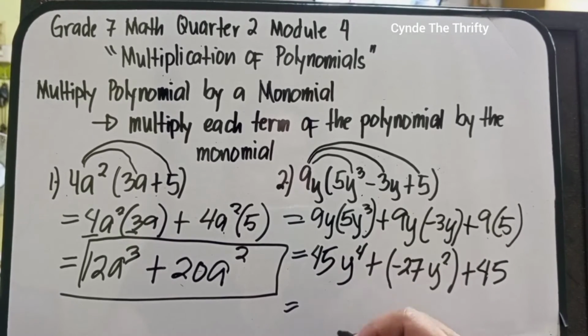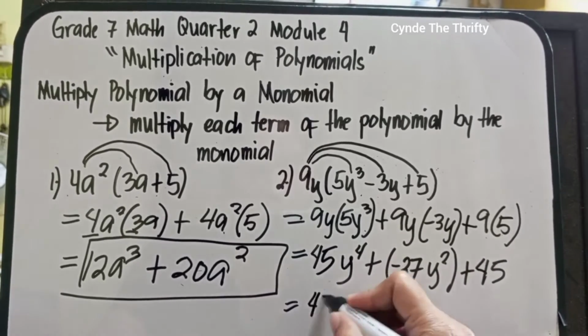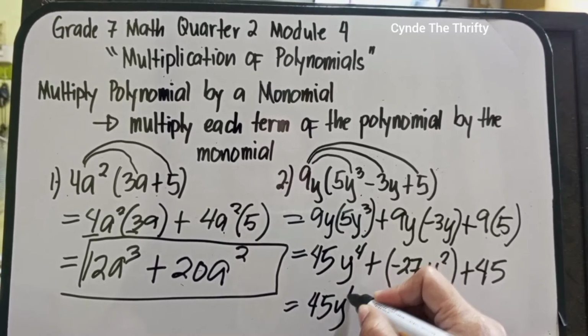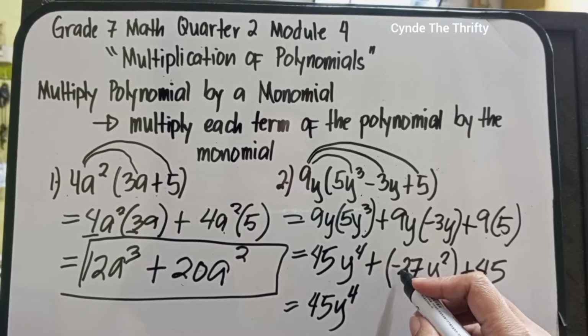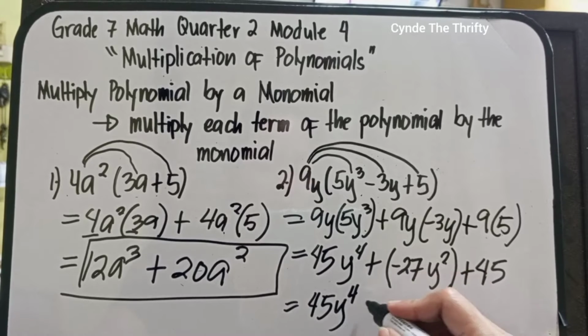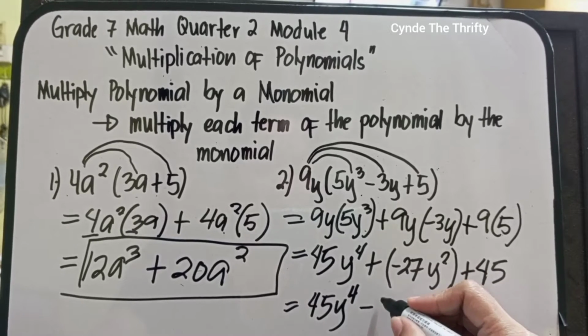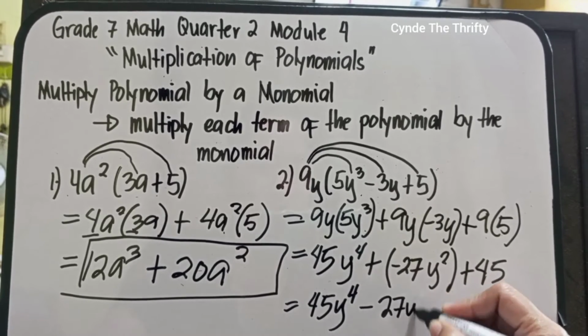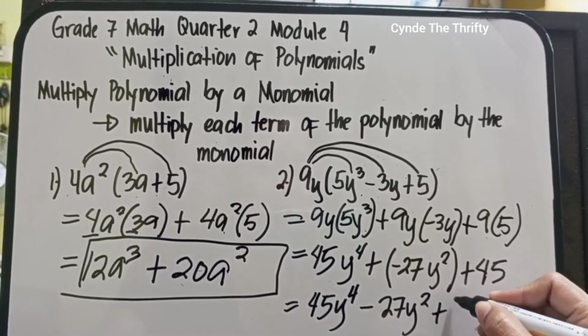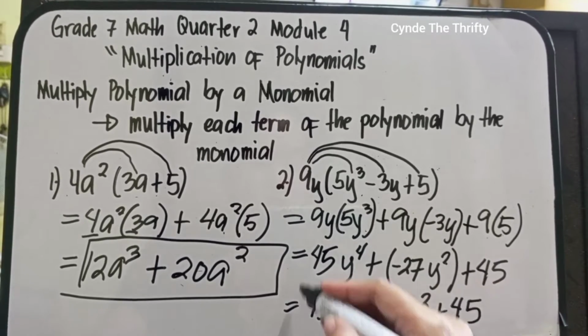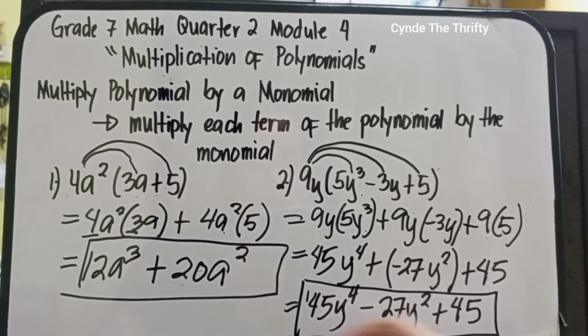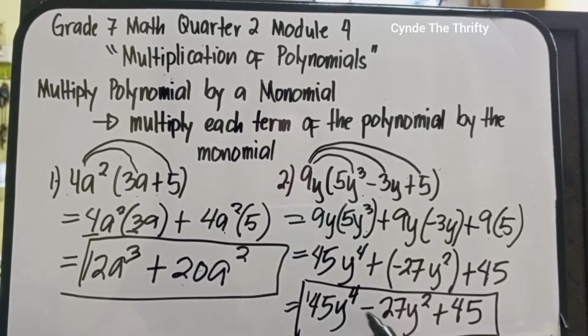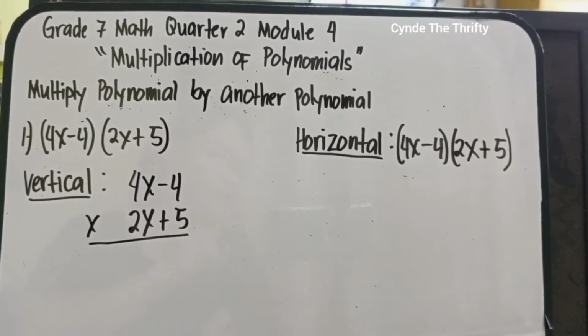So 45y to the 4th power, kopyahin lang natin. And then positive times negative is equal to negative 27y squared plus 45. So, ito na yung sagot natin. 45y raised to the 4th power minus 27y squared plus 45.